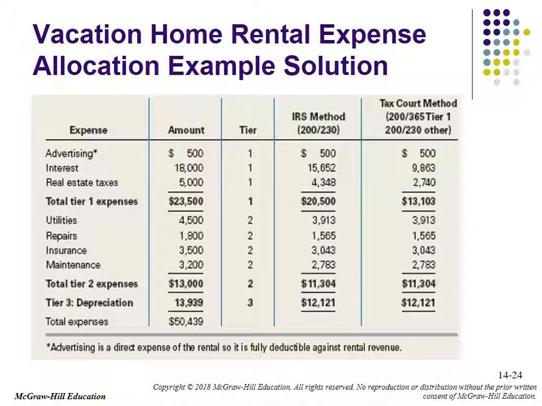Now remember, they received $37,500 of rental income. Let me grab my calculator here. So far, they have determined expenses: Tier 1, $20,500, and Tier 2, $11,304. So they're already at $31,804.